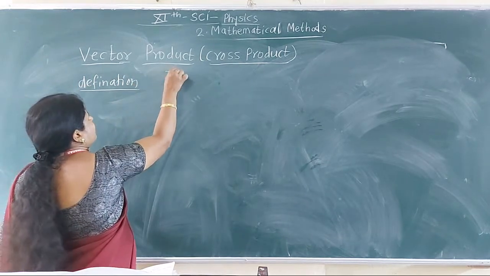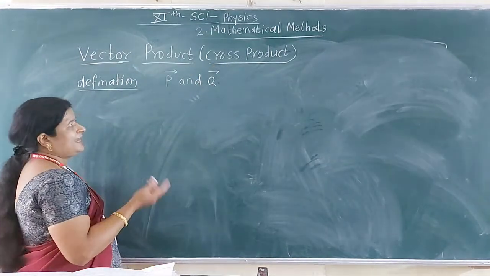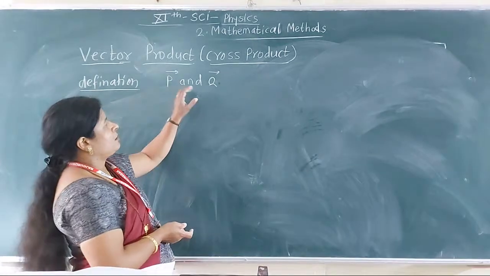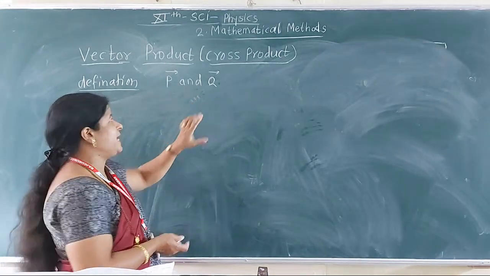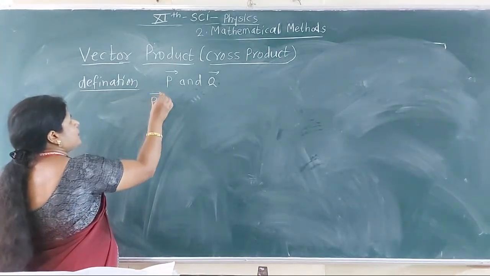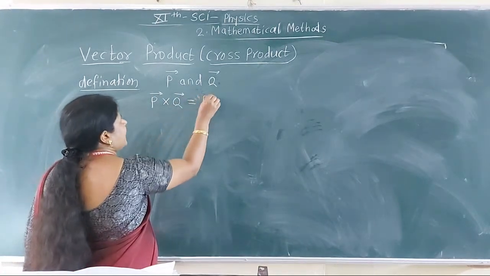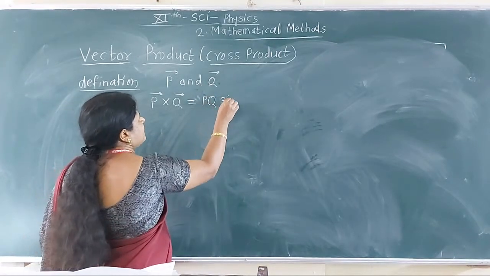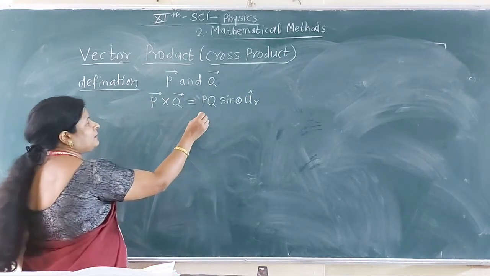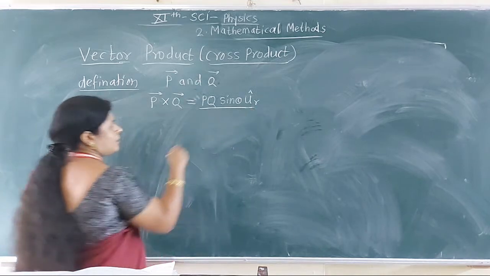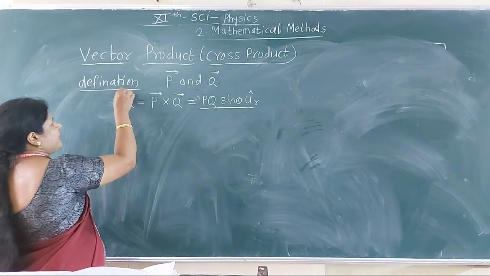If vector P and vector Q are two vectors, then we can write the cross product or vector product between these two vectors as vector P cross vector Q is equal to PQ sin theta u cap r, and this total result, the vector magnitude, we write as vector r.